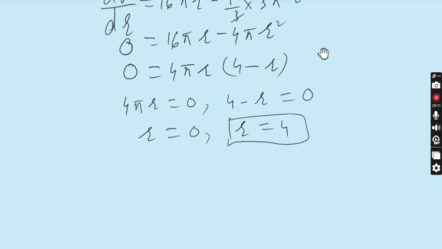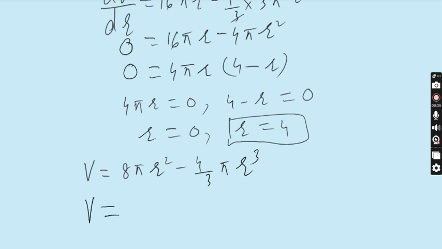Now find this stationary value of V. First write the formula of volume again, which is 8πr² − (4/3)πr³.